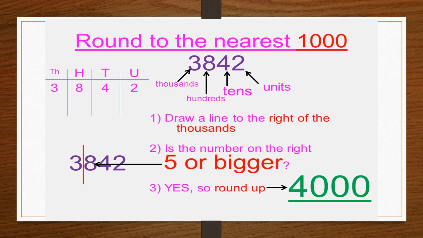So, you have to draw a line to the right of 8. Now, 8 is greater than 5. So, if the 100th place is 5 or greater than 5, then the number is rounded up. So, this number is rounded to 4000. Okay, student?